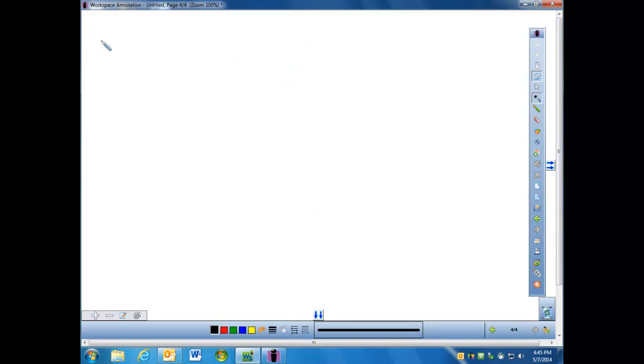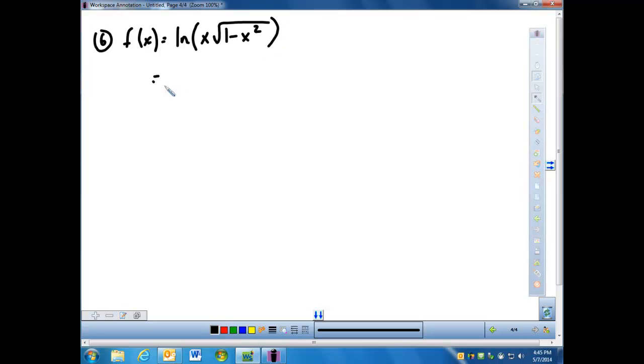Alright, next one. Natural log of x times the square root of 1 minus x squared. So what we're taking the natural log of is getting a little more complicated, and now you have to start using log rules. So remember, if I'm multiplying those things together, I can split that apart with an addition sign.